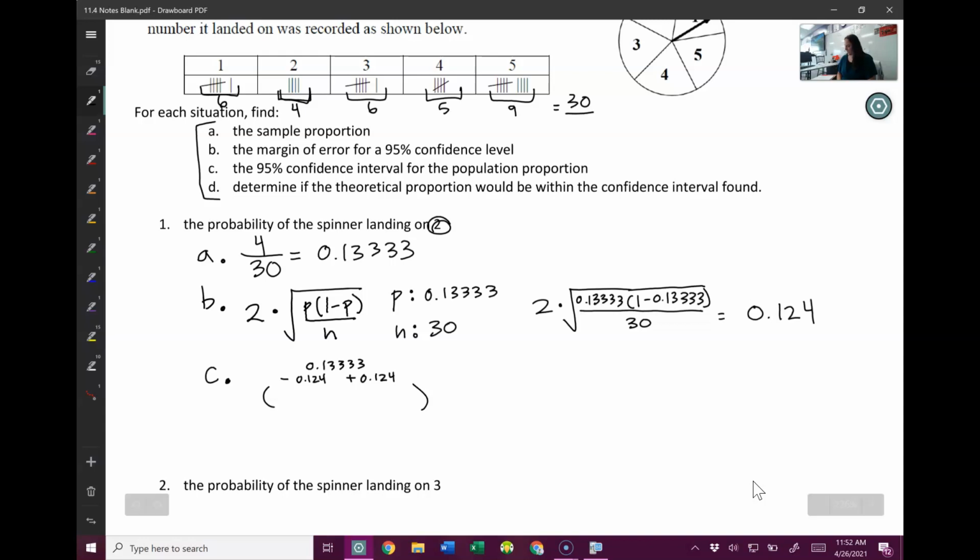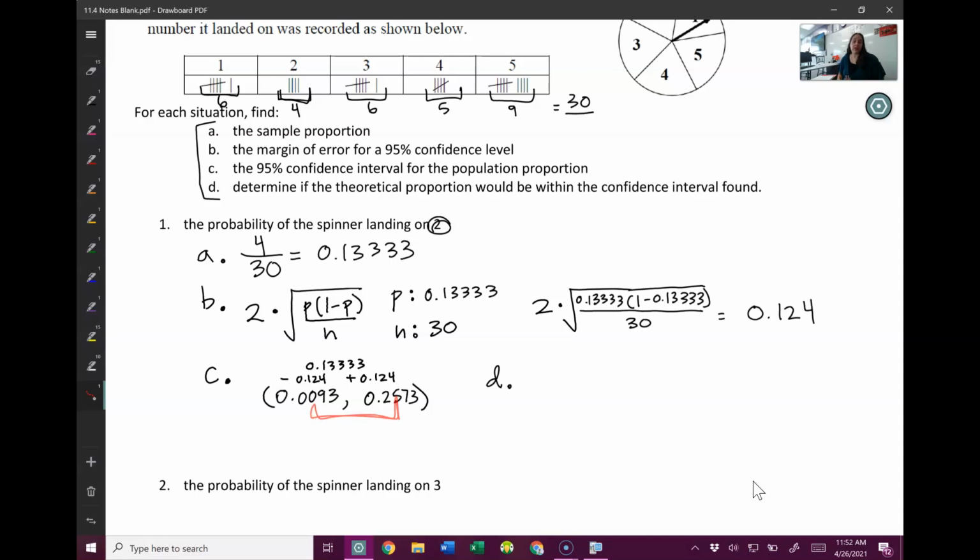So when I take this and add that, I get 0.2573, and I take that and I subtract that and I get 0.0093. So this is saying that the true likelihood of spinning a 2 on this spinner should be between this interval.